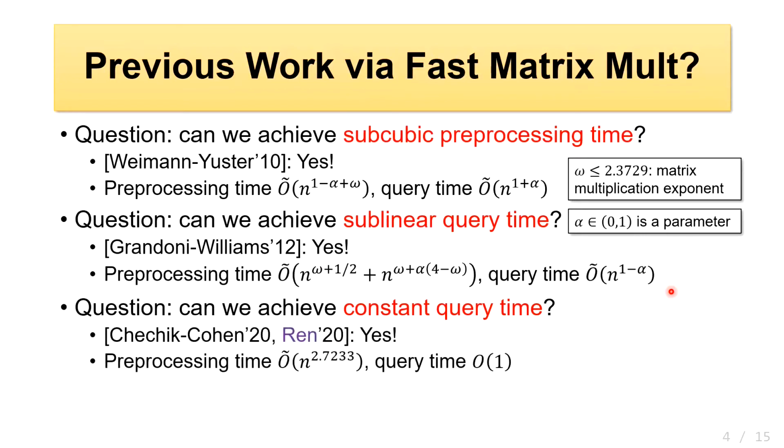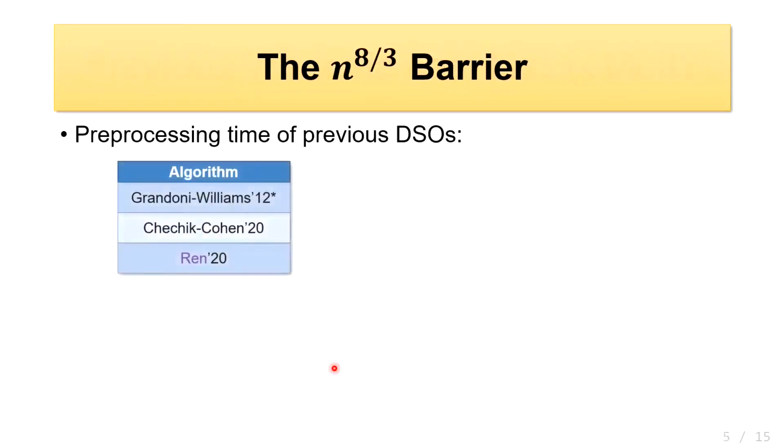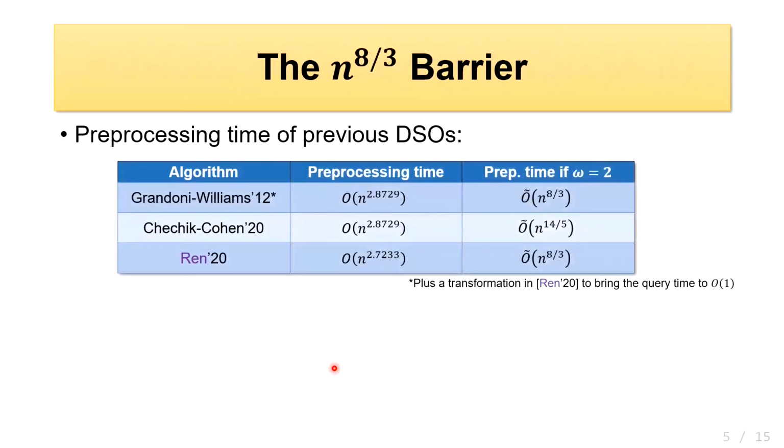This was recently studied by Chechik and Cohen, and independently by myself. In particular, my ESA paper showed a DSO with preprocessing time n to the 2.7233 and constant query time. So let's review the preprocessing time of the previous DSOs.